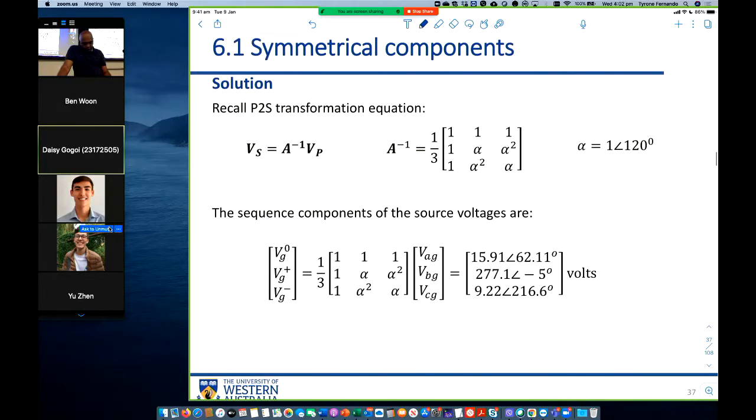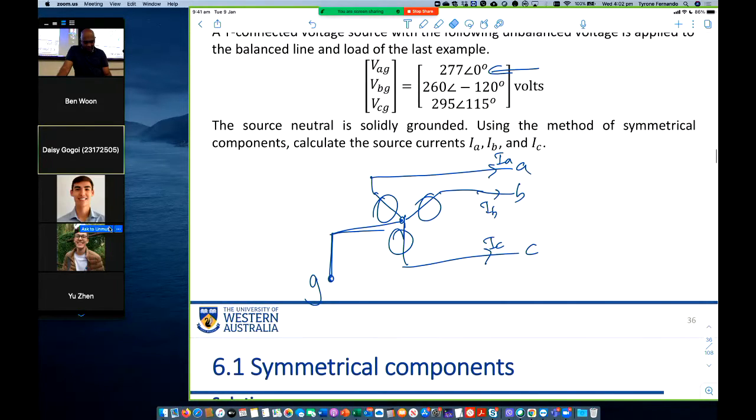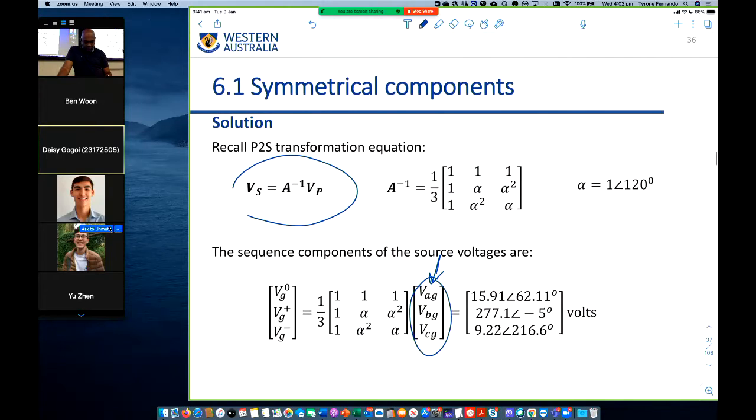We have this relationship: the sequence voltages are A inverse times the phase voltages. The phase voltages are given, we know them. This vector here is this vector here.